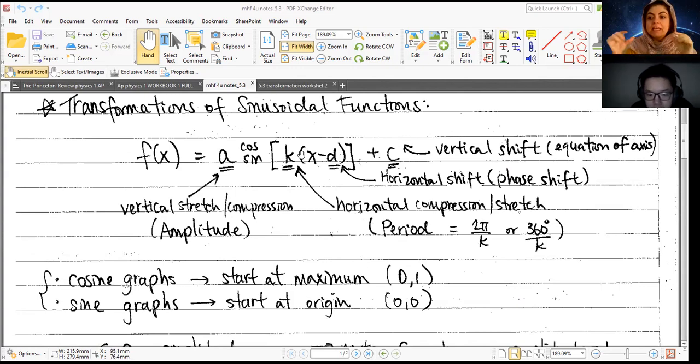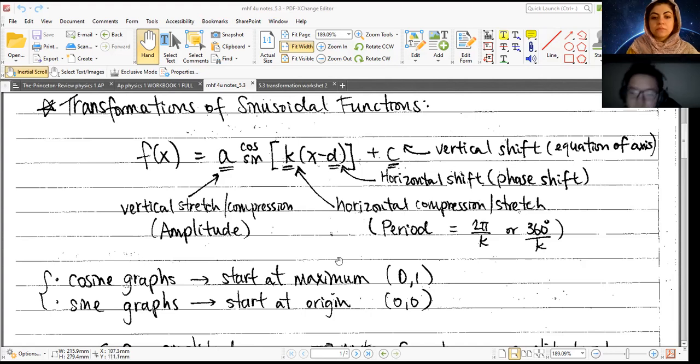The period is the length of one full cycle. D is the phase shift, meaning moving to the right or left, meaning this starting point, where does it start? Because most of the time it starts at 0, this phase shift tells you where your cycle starts. C is up and down, so it will affect the equation of the axis.